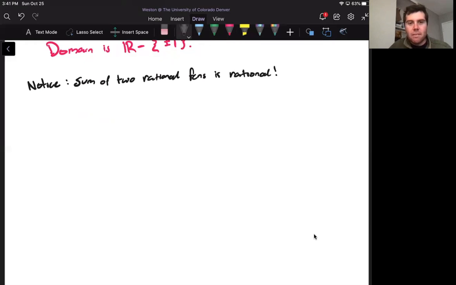This is pretty important because we'll oftentimes, to better graph it, end up decomposing it into a sum of different rational functions.